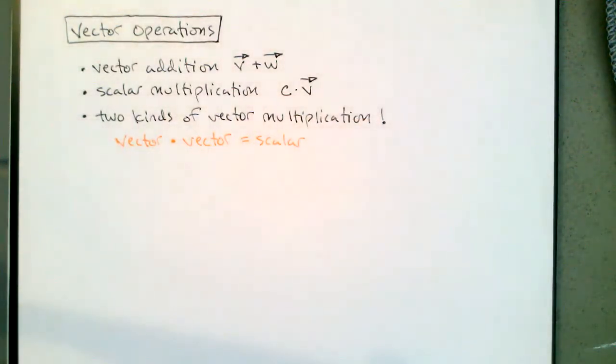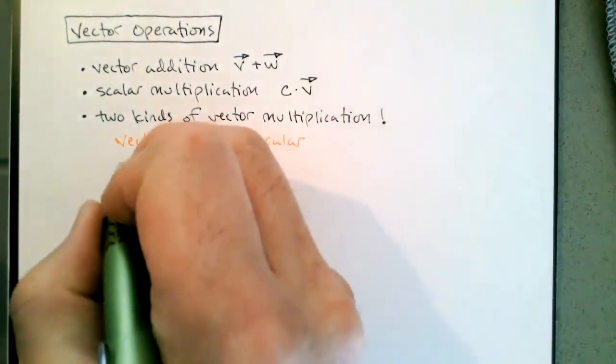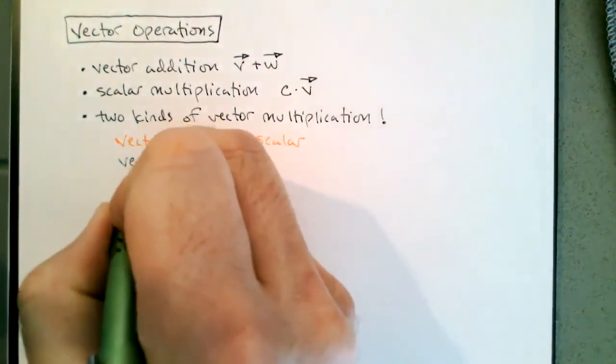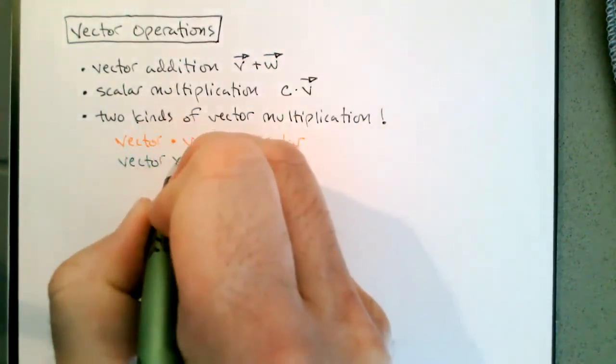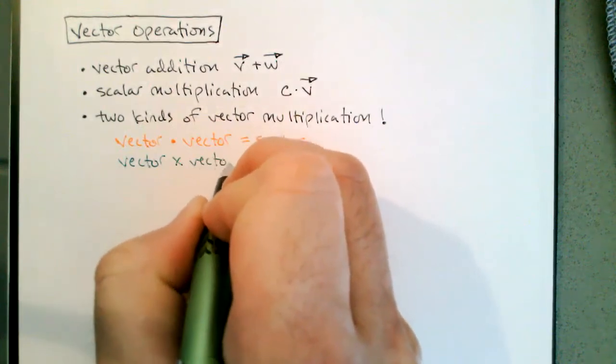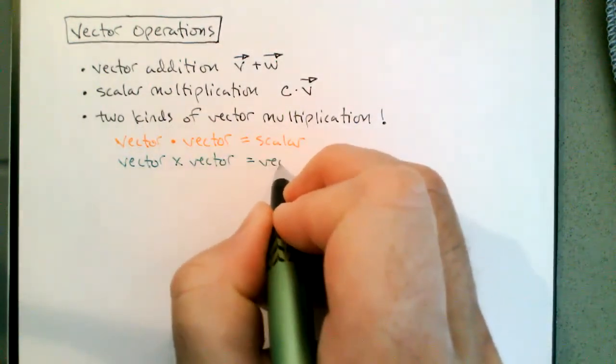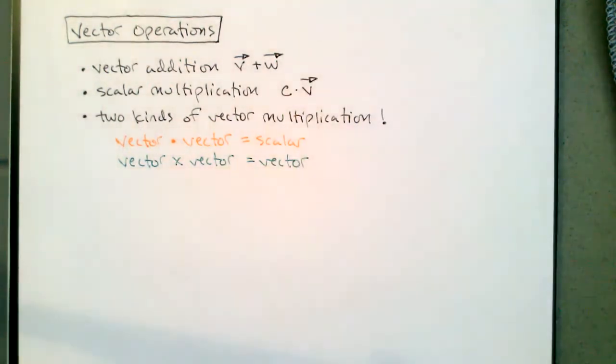And there's a vector multiplication where we multiply two vectors and come up with a vector. And each one will tell us different things about the two vectors. So there's a scalar product and a vector product.